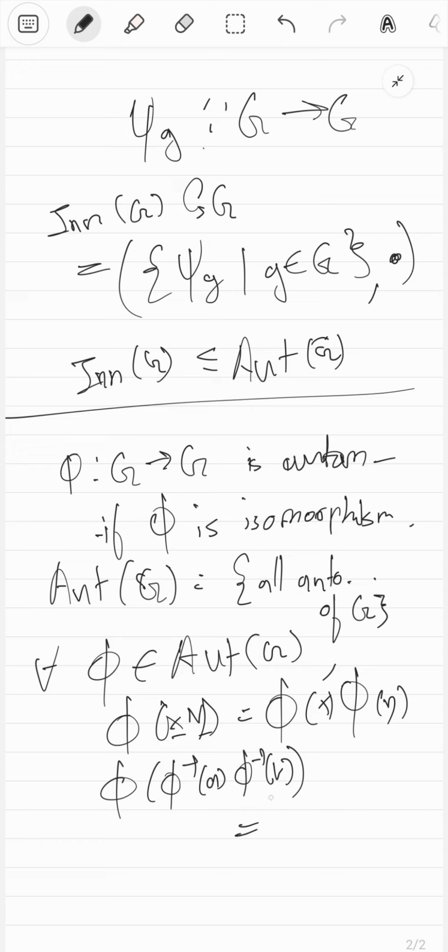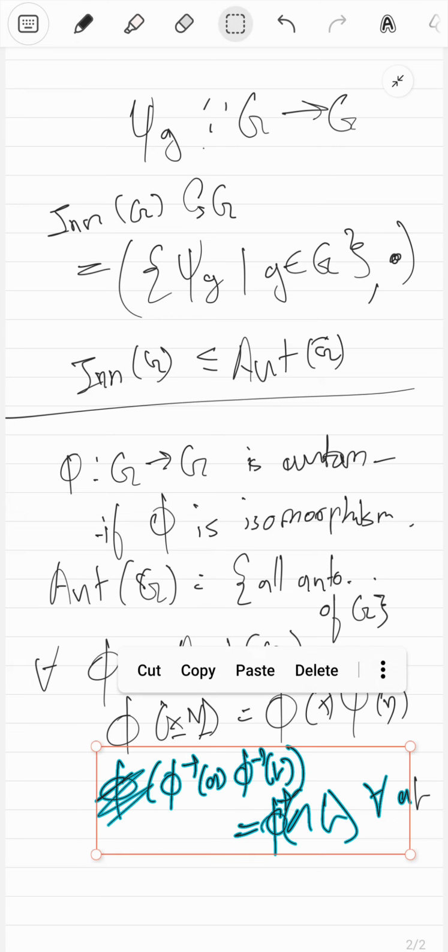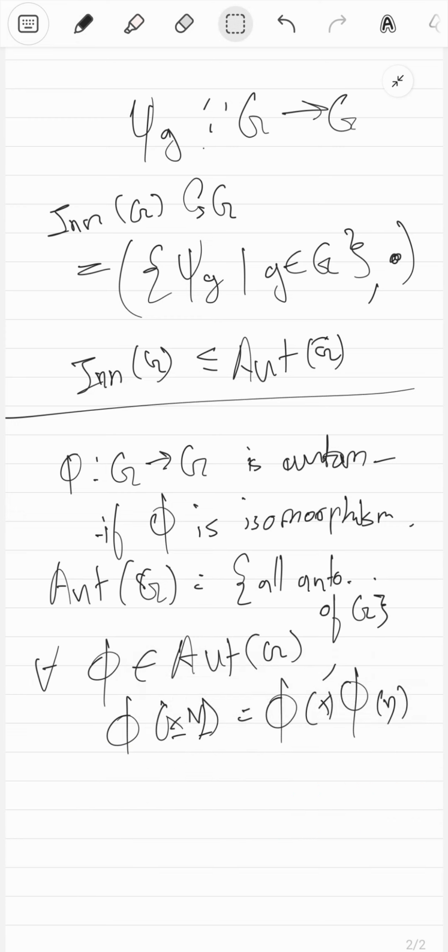and that's equal to phi of phi inverse of A, which is just A, and B, and this happens for all A, B. So for all A, B you can write this equation without really caring all that much, and then you can apply phi inverse, and this just gives us phi inverse of AB. That's equal to phi inverse of A times phi inverse of B for all A, B, so it's clearly a homomorphism. And phi inverse is a bijection, so it's a bijective homomorphism.